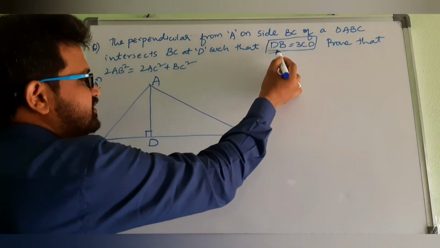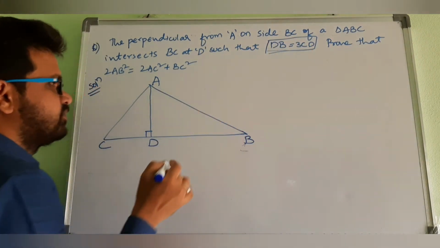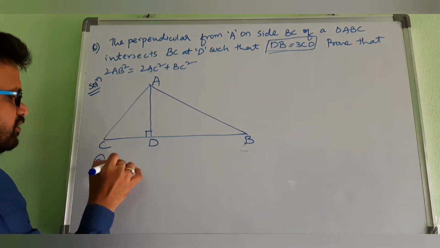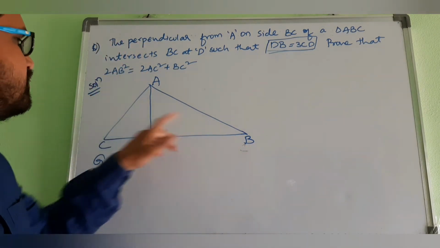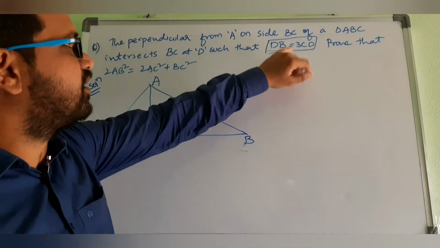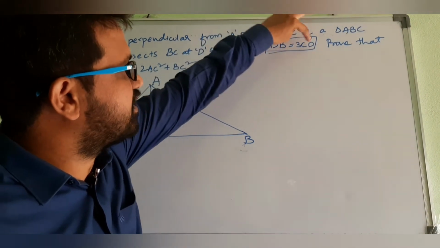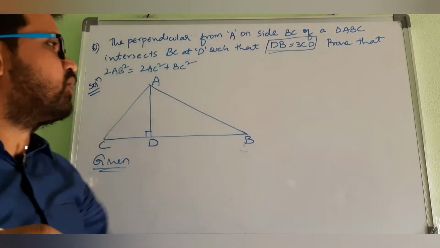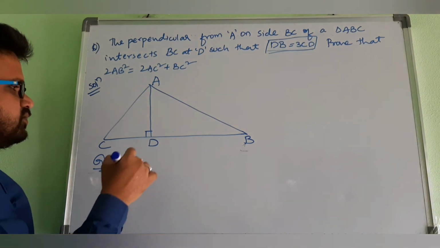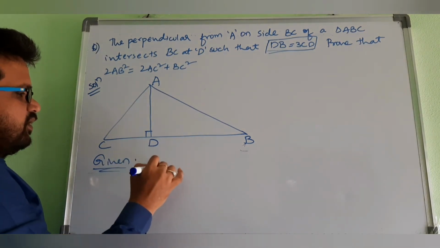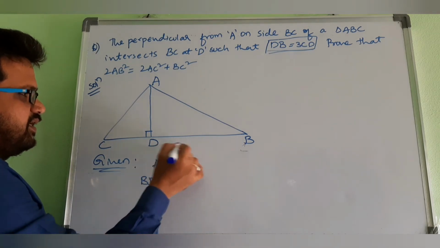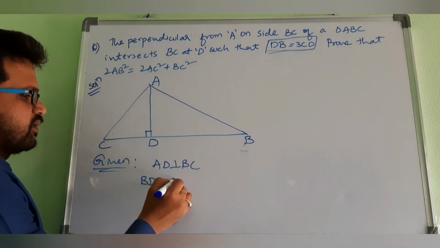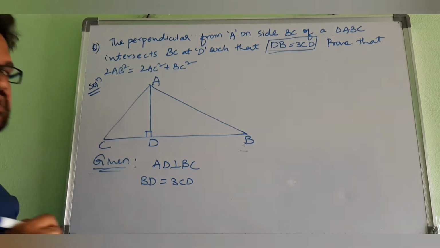So BD is greater than CD. You have to keep in mind that you can take A, B, C also, but from the given data, BD must be greater than CD. BD is 3 times CD. So now given AD is perpendicular to BC, and BD is 3 times CD, this is given.